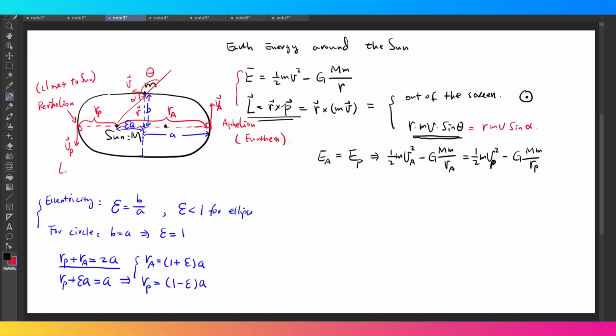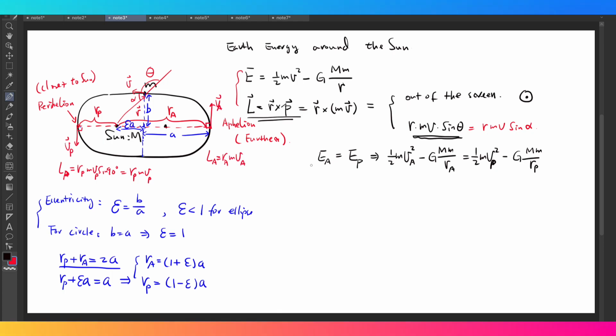So LP, the magnitude here, is RP m VP sine 90 degrees, which is just RP m VP. And similarly for point A, LA is RA m VA.